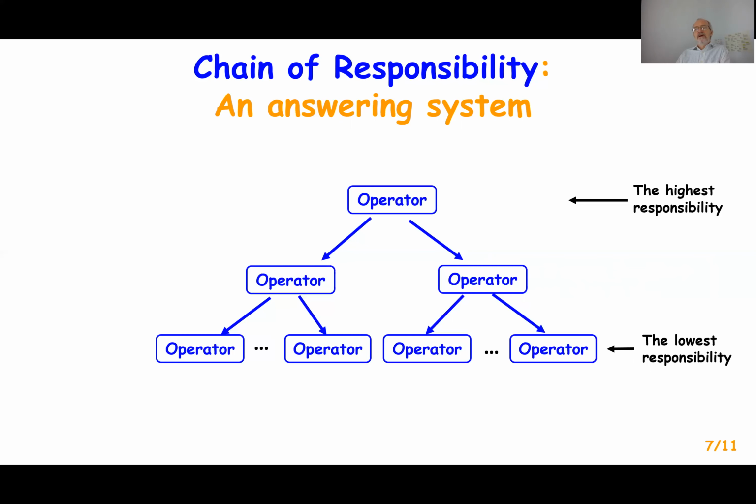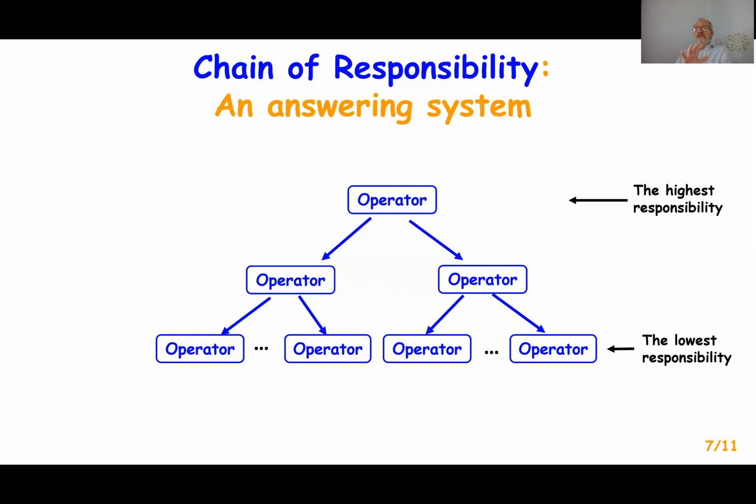So, this hierarchy reflects the level of responsibility of those operators. Again, each operator performs the same functionality. It accepts requests and provides the answer. Or if we are talking about a software component, it gets called and should provide the result of that call.